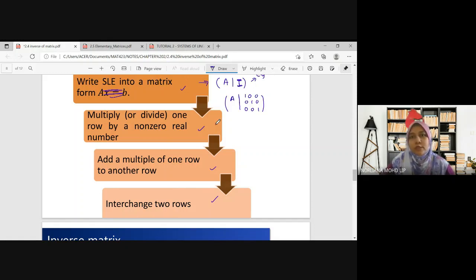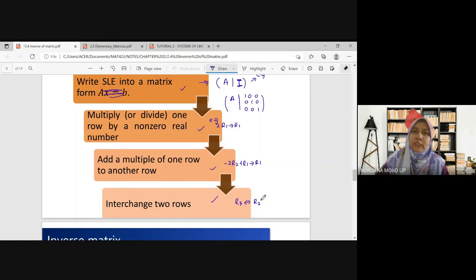Contoh by using the operation, 2 row 1 times row 1. The second operation, add a multiple of one row to another row, for example negative 2 row 2 plus row 1, transform into row 1. And the third operation, interchange 2 rows, for example row 3 interchange with row 2.